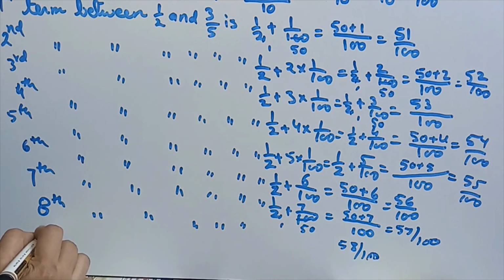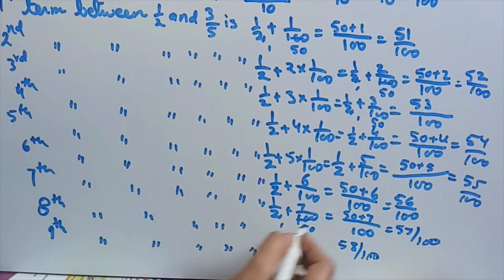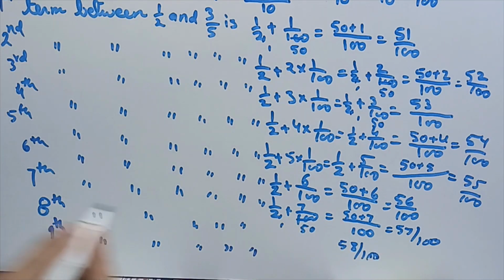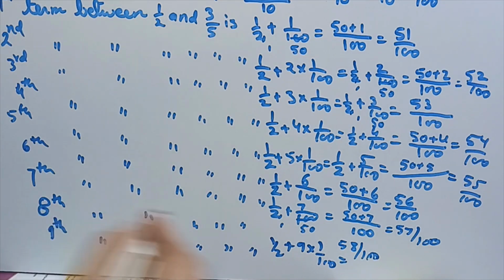And 9th term, same method, multiply with 1 by 2 plus 9 into 1 by 100, which is 59 by 100. So this is the 9th term. Now we have found 9 terms between two rational numbers 1 by 2 and 3 by 5. Thank you for watching.